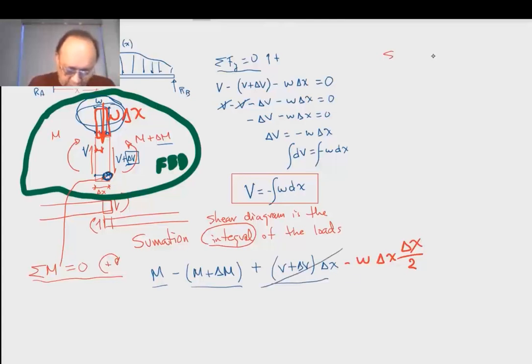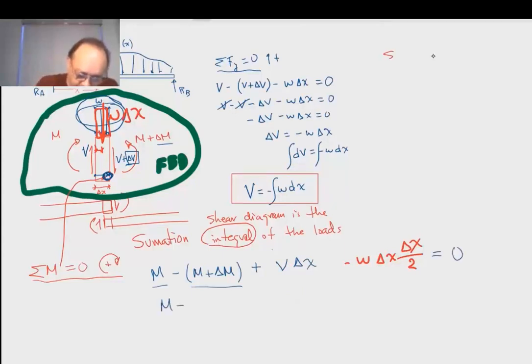This doesn't work because this force goes through the point that I am making the moments about. So what I have to do here is V times delta X. I have to get rid of this. This doesn't produce moment. This one produces moment, V times delta X. And then this is equal to 0.